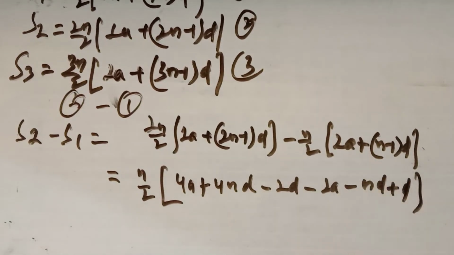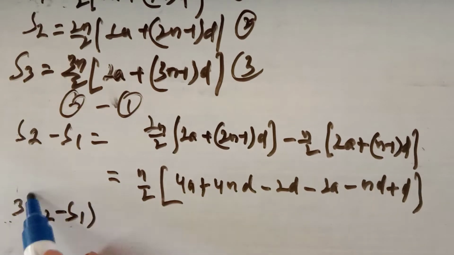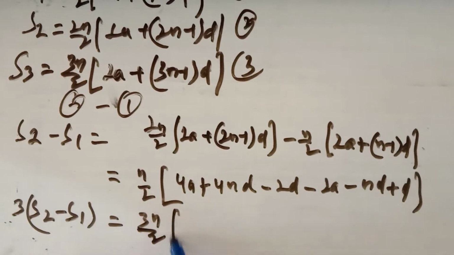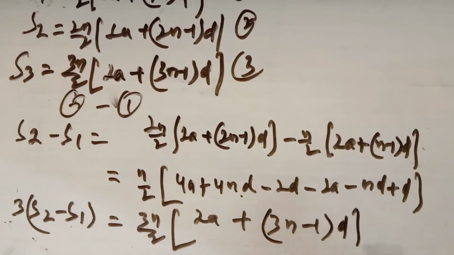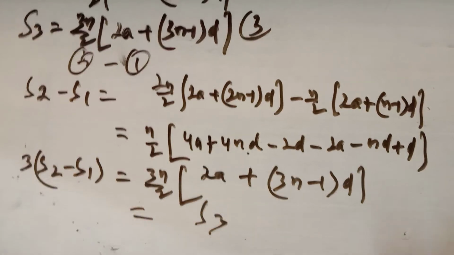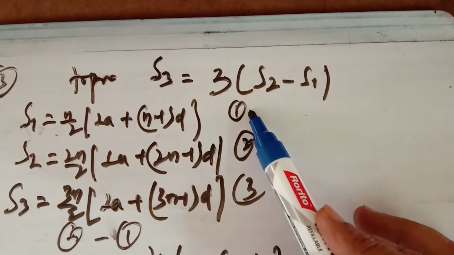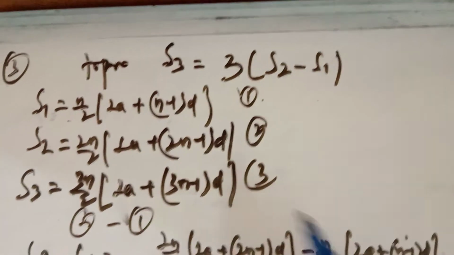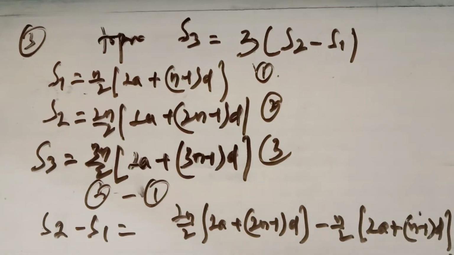You simply open the bracket and simplify, and if we multiply both sides by 3, it will be 3 S2, because we need 3 right now, so it will be 3n by 2, and it will be 4a minus 2a, which is 2a, and you simplify this, it will be (3n minus 1) into d, which is equal to S3. This you have to prove, which is an easy question. You have to simply replace S1, S2 on the right hand side and multiply by 3. You will get S3, which is equal to 3n by 2 [2a plus (3n minus 1) into d].